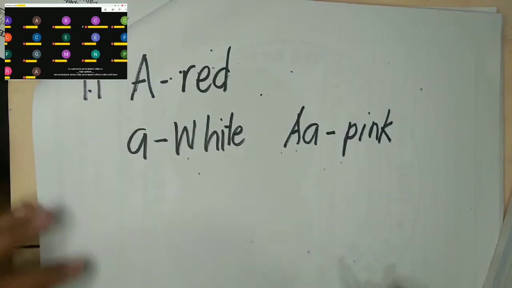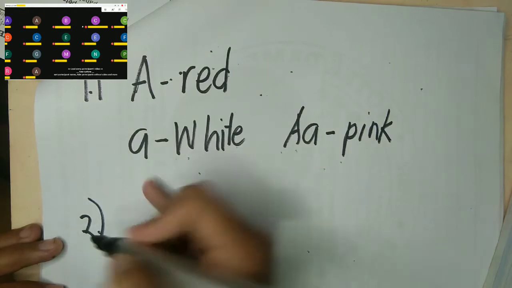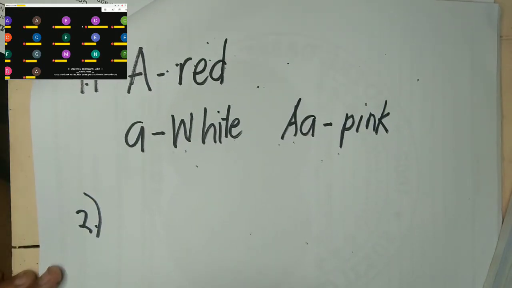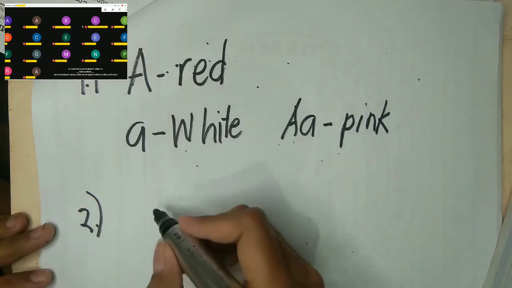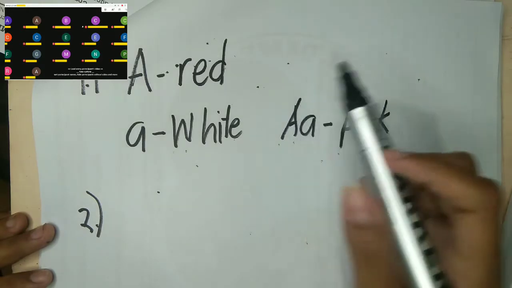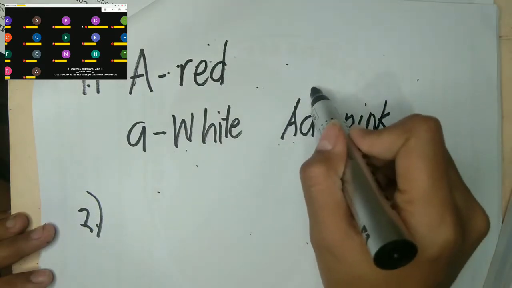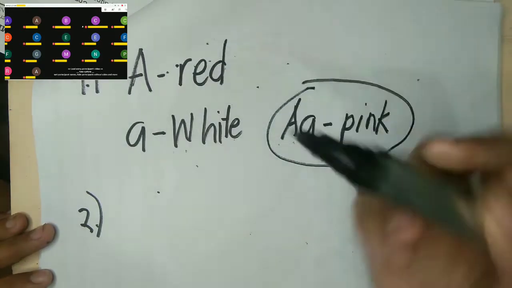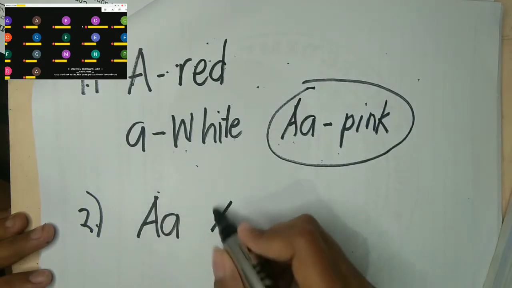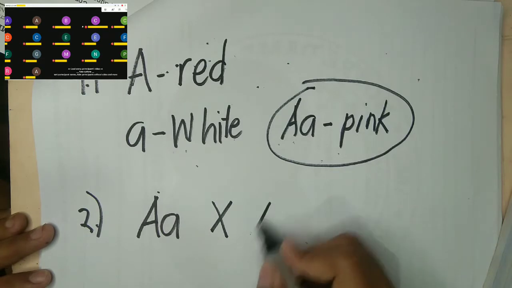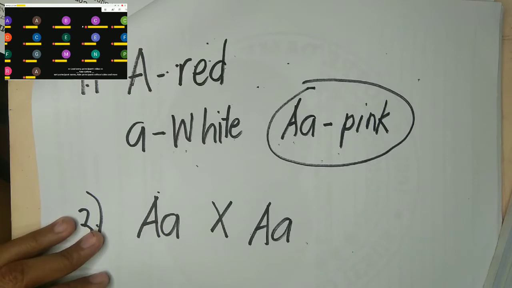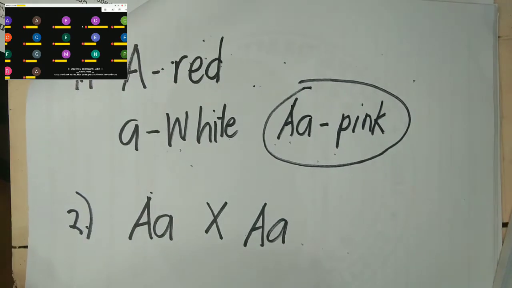Second procedure, again, we have to determine the genotype of both parents. Since we have the parents from the first generation, we have capital A and small letter a times capital A and small letter a.